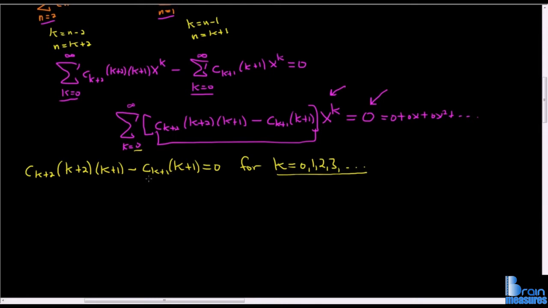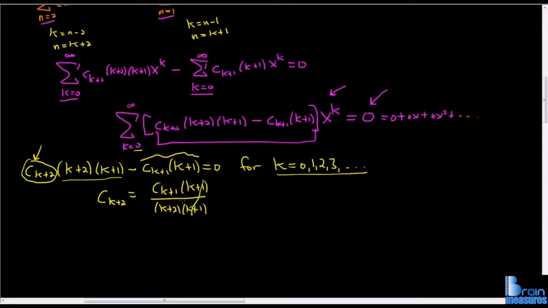All right, so now what I like to do is solve for the one with the largest subscript. So we'll solve for this guy right here, c sub k plus 2. I'll just do it in one move. So we'll add this term to the right-hand side. So we get c sub k plus 1 times k plus 1 divided by, and then this stuff, k plus 2, k plus 1.